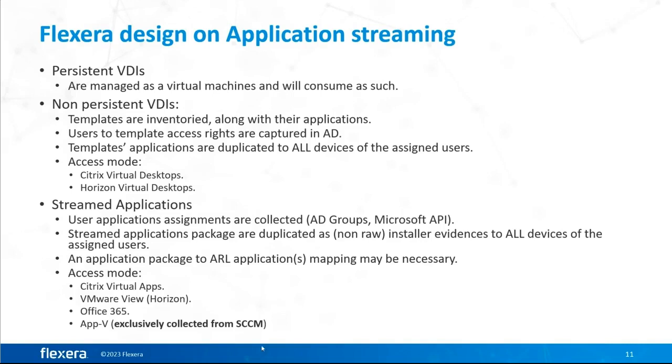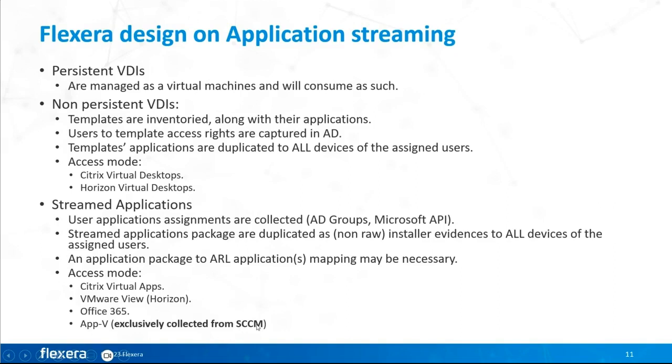And here we talk about the access modes, which are Citrix virtual apps, VMware View, Horizon, and Office 365, which typically can be collected through the Office or Microsoft 365 portal. And AppV is a little bit of a special case. Hopefully this won't be contradicted, but the AppV sessions monitoring is something that SCCM does.